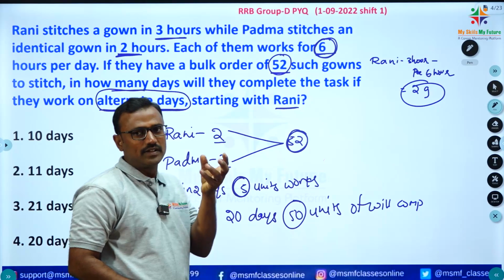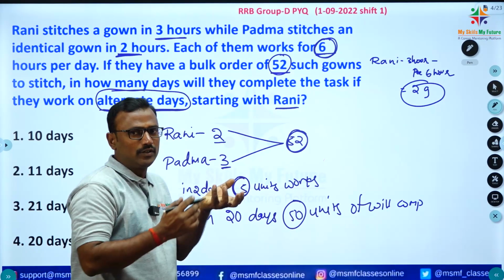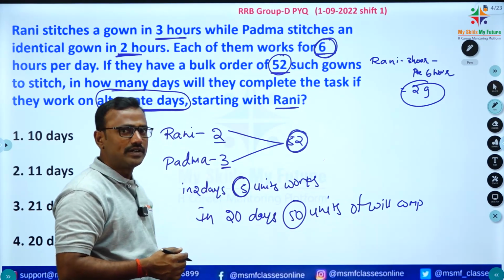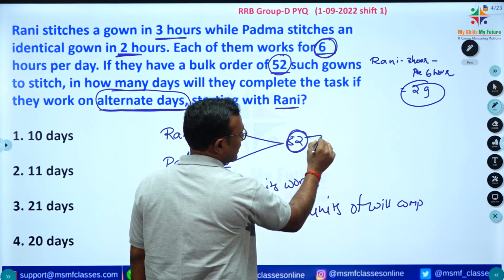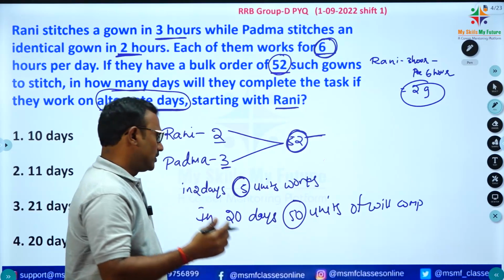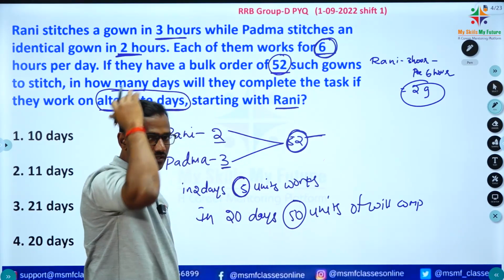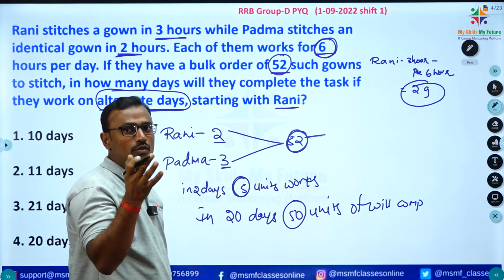For 2 days, they complete 5 units of work; in 20 days, they complete 50 units of work. So there are 2 more units of work here. On the 21st day, who will work?